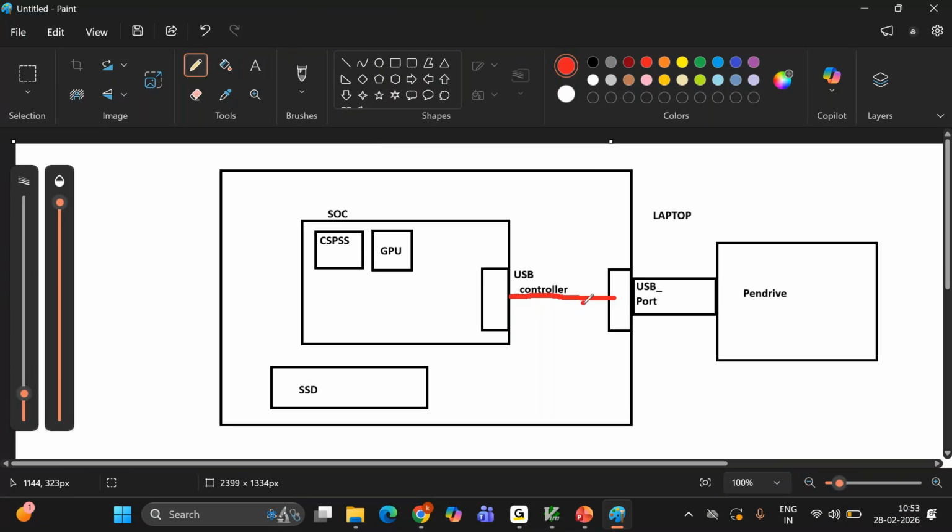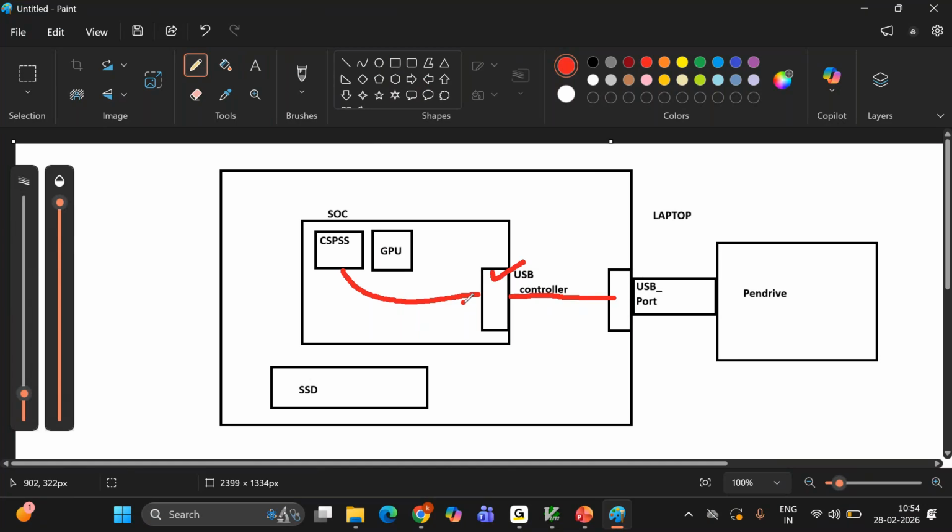Whatever communication happens from the CPU to the USB controller is called on-chip communication, because the USB controller is present in the SoC, and the CPU subsystem is also present in the SoC. So communication between blocks on the chip is called on-chip communication, and we use on-chip protocols.